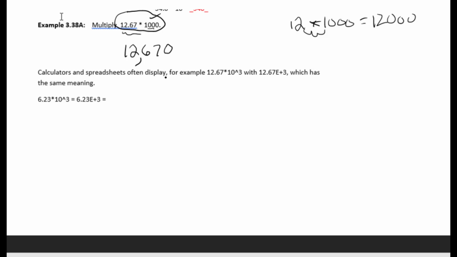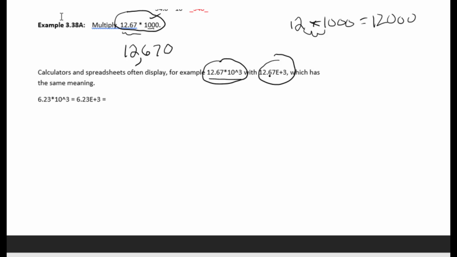Calculators and spreadsheets often display, for example, this is the way your calculator, you probably would put it in your calculator. And it often displays it like this, which means the same thing, okay? So this is 12.67 times 10 raised to the third power. 10 raised to the third power is 1,000.